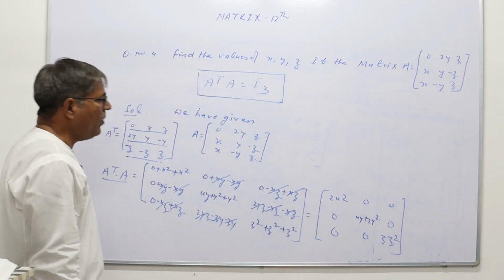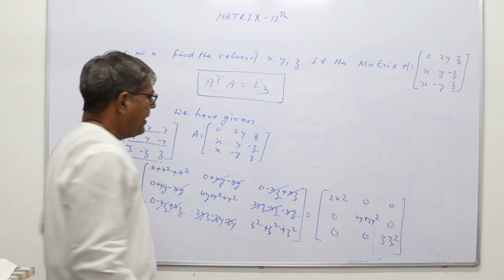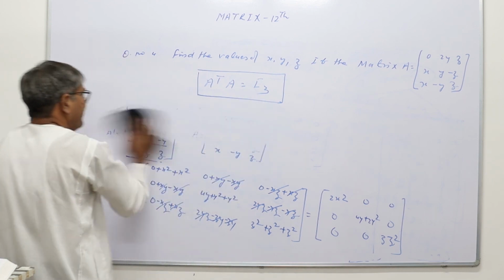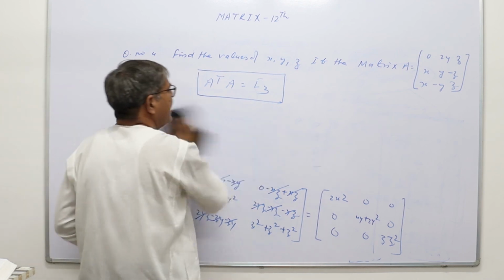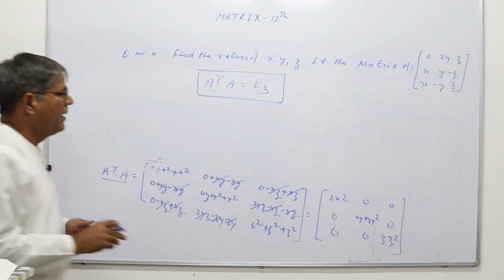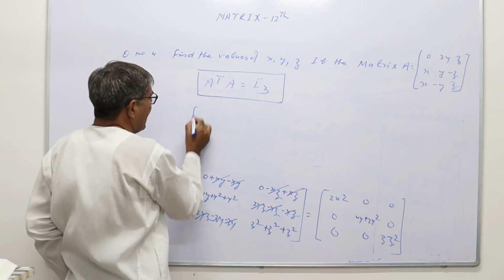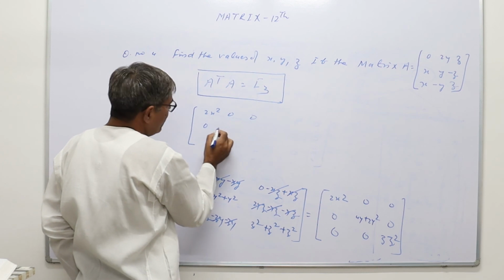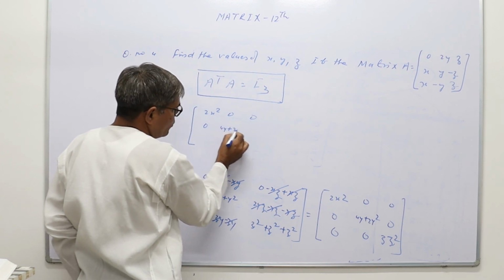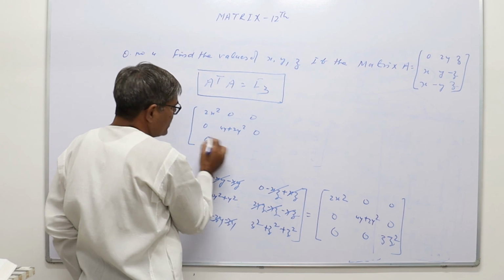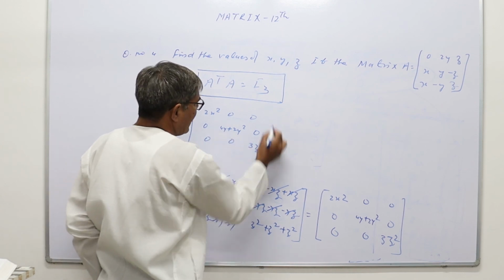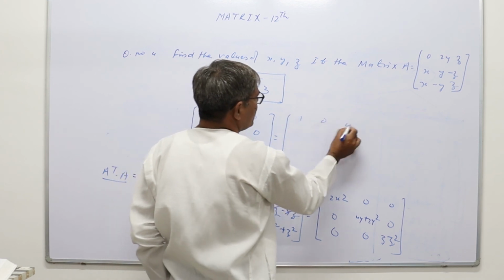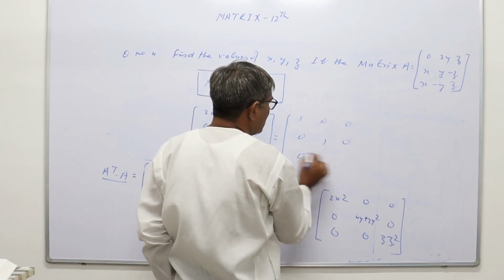Now what we have to do is put it equal to I3. So now using the given condition, A transpose into A, that is [2x square, 0, 0; 0, 4y plus 2y square, 0; 0, 0, 3z square], equals the identity matrix of order [1, 0, 0; 0, 1, 0; 0, 0, 1].